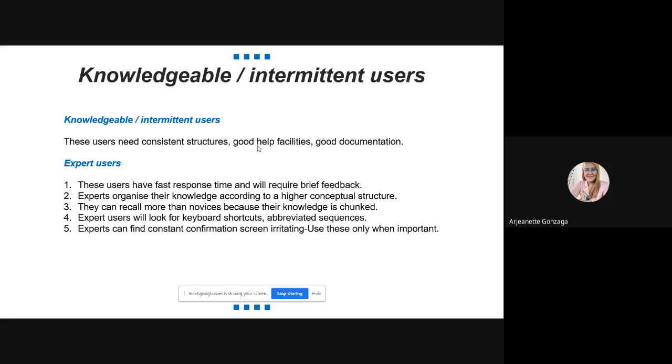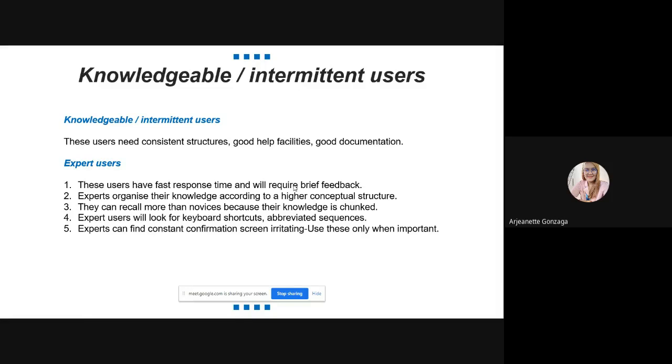Kapag novice user ng system, right click niya pa yung text and then copy. Tapos, compare mo doon sa expert. Sa expert, mag-control-C, control-V lang siya. Lahat, puro shortcut keys ang ginagamit.